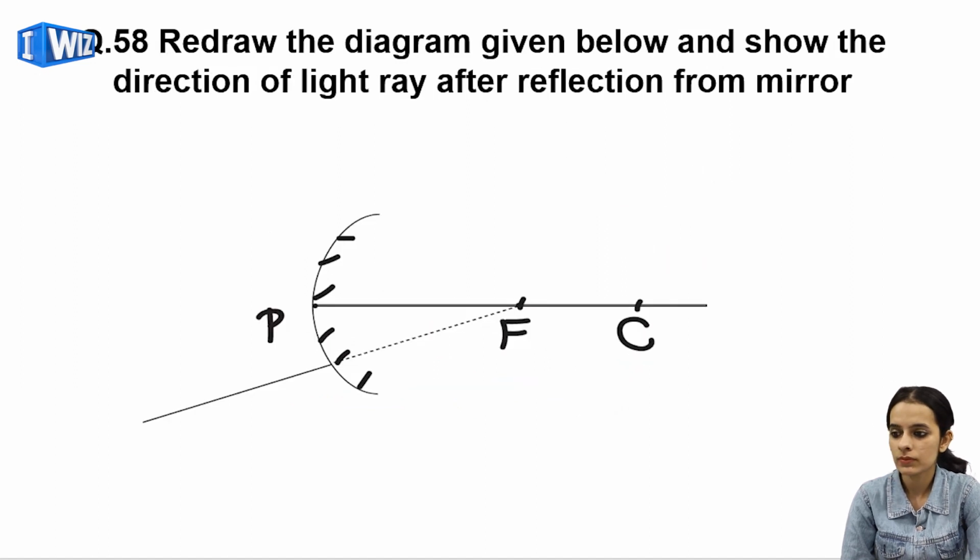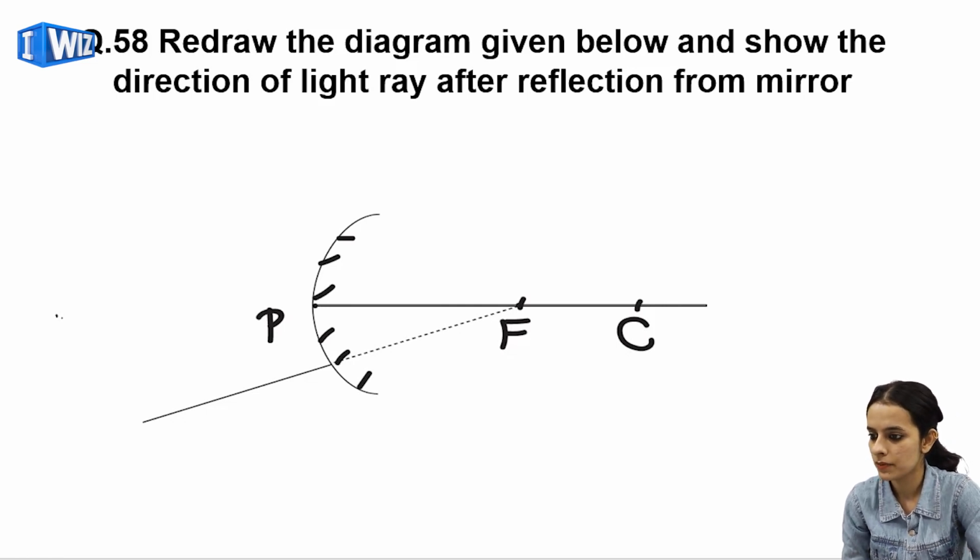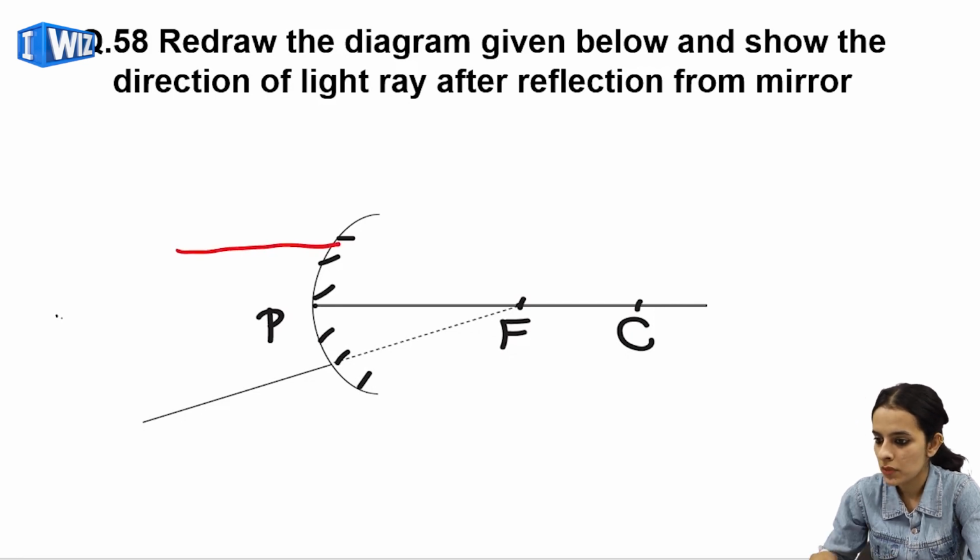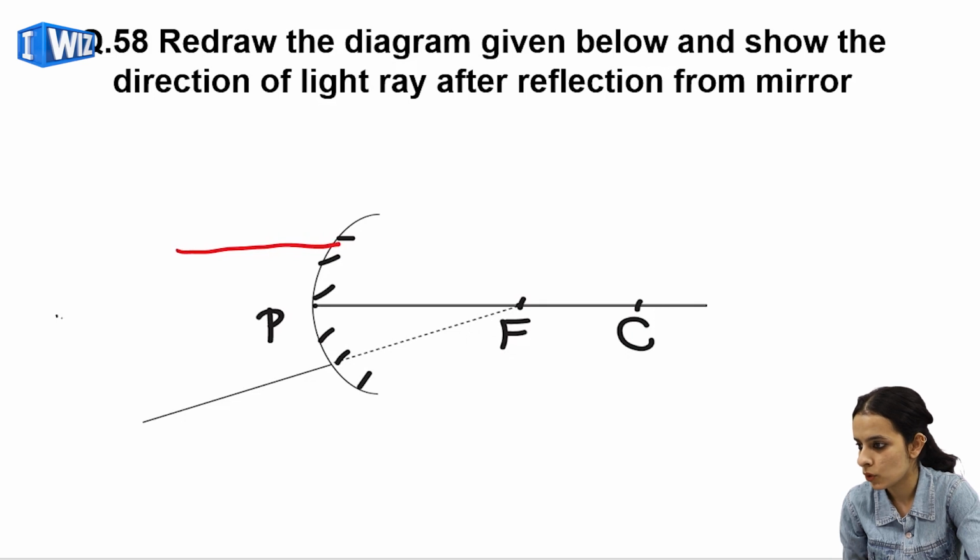Next question. Redraw the diagram given below and show the direction of the light ray after reflection from the mirror. You have to make a path of the ray of light. Let's say when the ray of light strikes like this, you have to meet this ray of light at the focus.